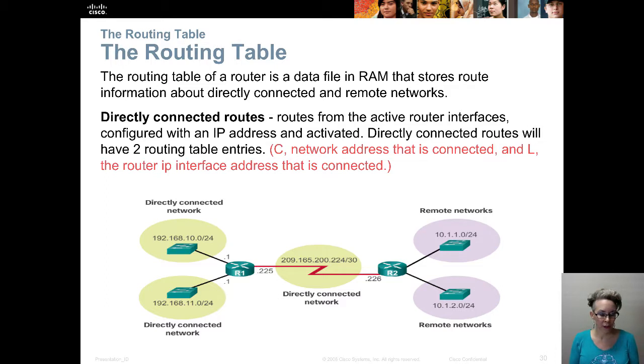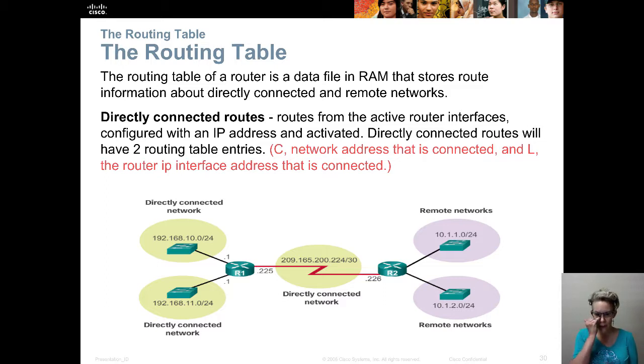Why is it so trustworthy? Well, the reason is because the router can see that it's attached to it. For example, R1, it can see that the network 192.168.10.0 is directly attached to it. It learns it by itself. It knows about it. Same goes with 192.168.11.0, 209.165.200.224.